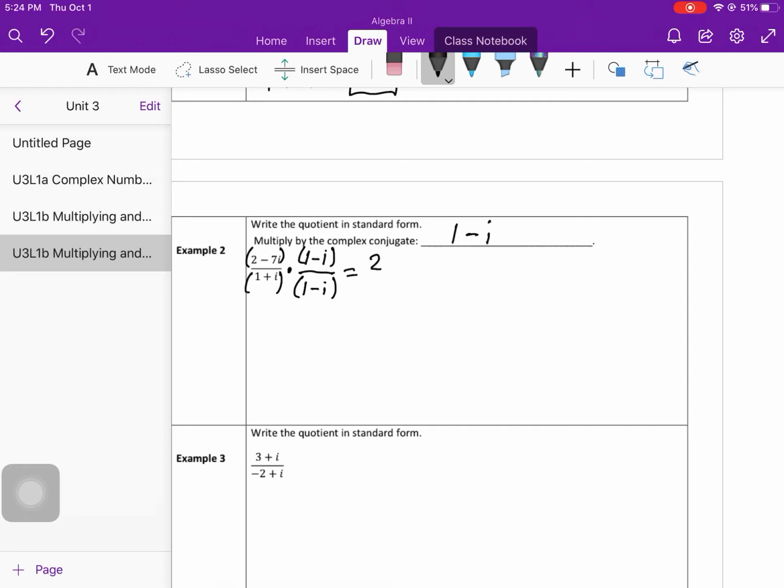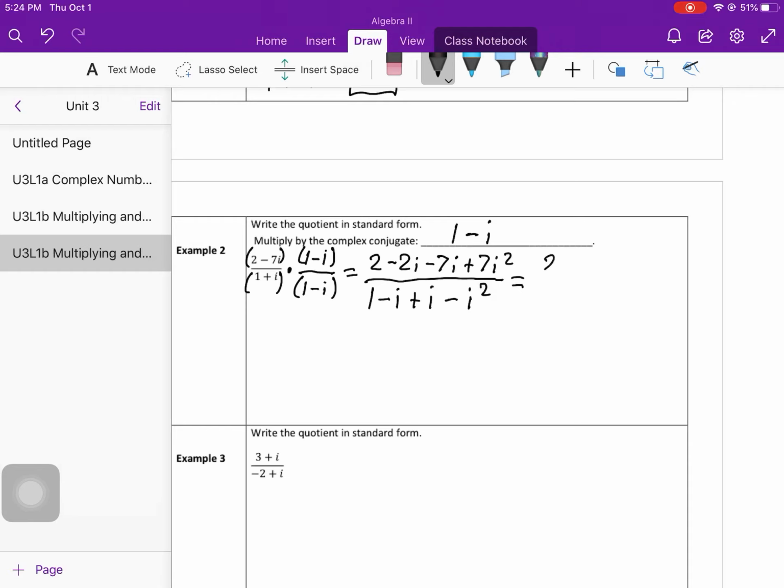So 2 times 1 is 2, 2 times -i is minus 2i, -7i times 1 is minus 7i, and then -7i times -i is plus 7i squared. The bottom becomes 1 times i is i, then -i, and then i times minus i is -i squared.